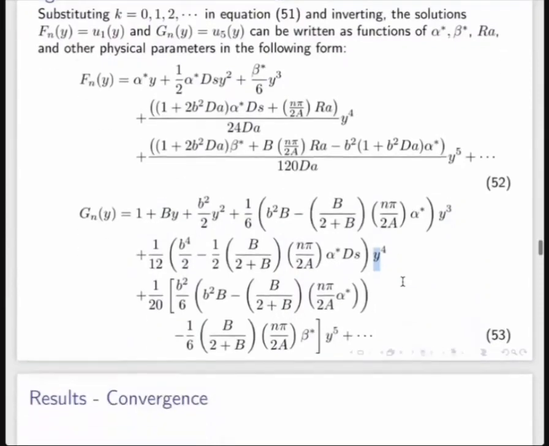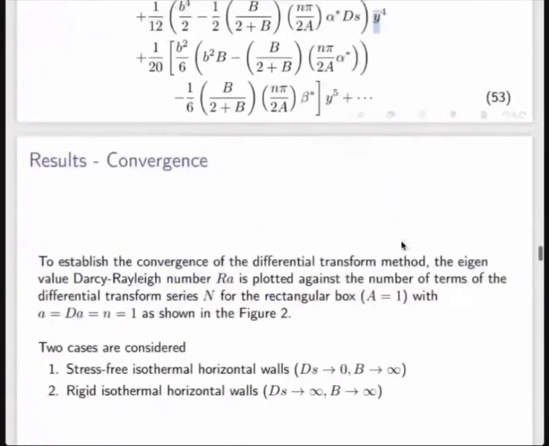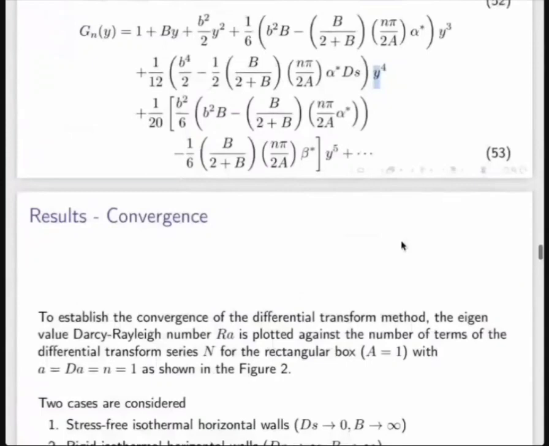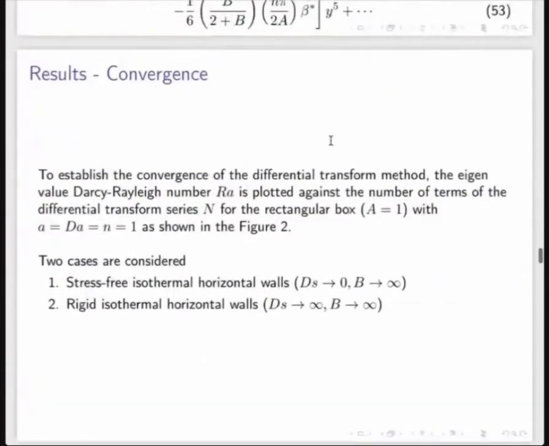Since the problem is a two-point boundary value problem and the value of Y is between 0 and 1, you don't have to really worry about the radius of convergence. It will be converging for all values of Y in the interval 0 to 1.